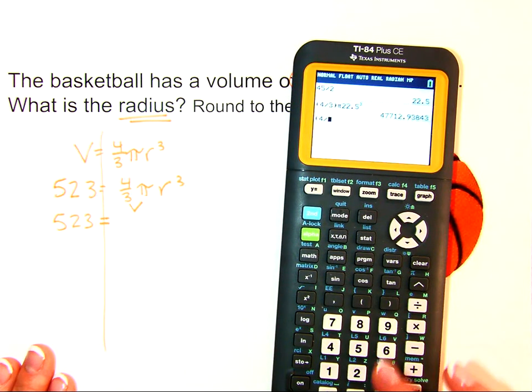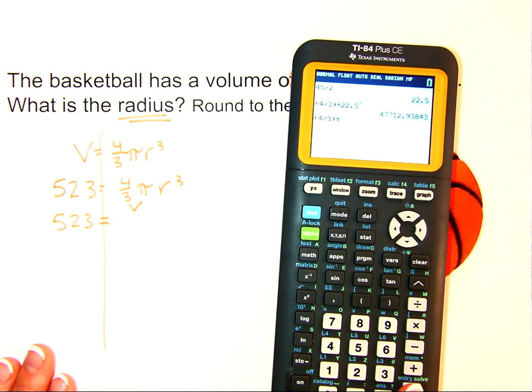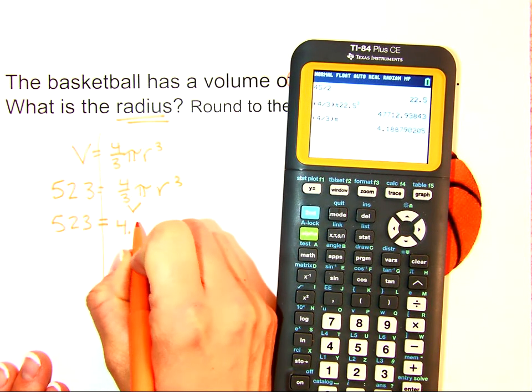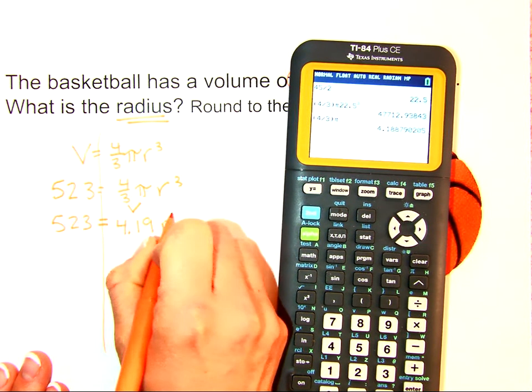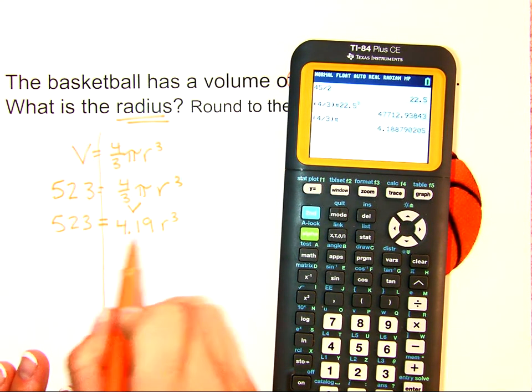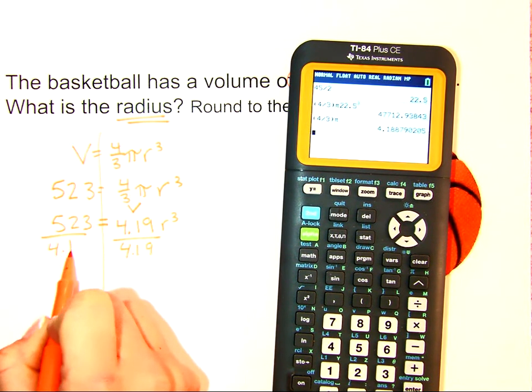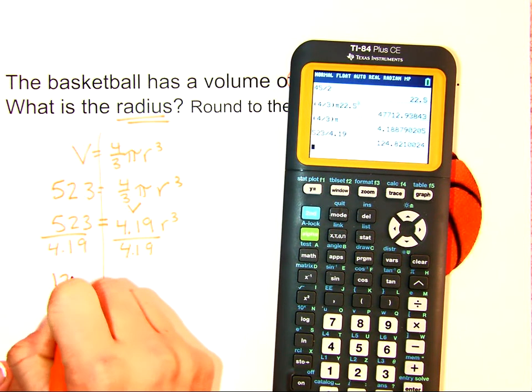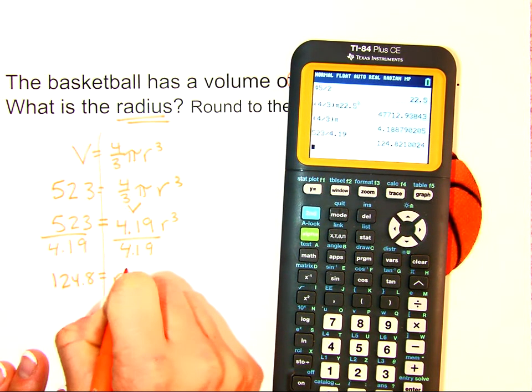So 4/3 times pi gives me approximately 4.19 r cubed. So to get rid of that 4.19, I'm going to divide. Which gives me 124.8 is equal to r cubed.